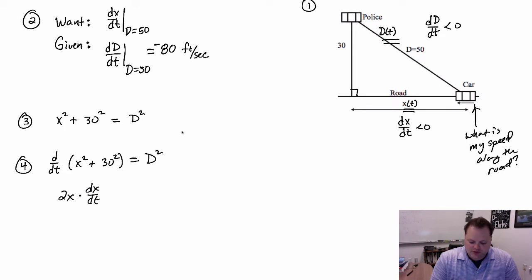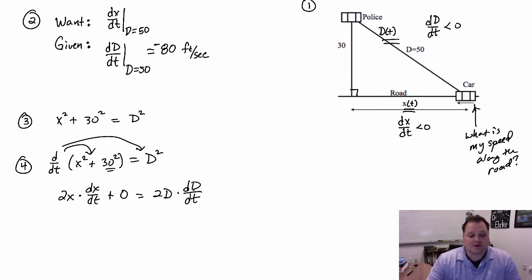The derivative of 30 squared, where 30 squared is a constant, the derivative of a constant is 0, so you get plus 0. Then if I take the derivative of the right-hand side, the derivative of d squared is 2d times the derivative of the inner function with respect to time because of chain rule. So this is correctly differentiated implicitly.